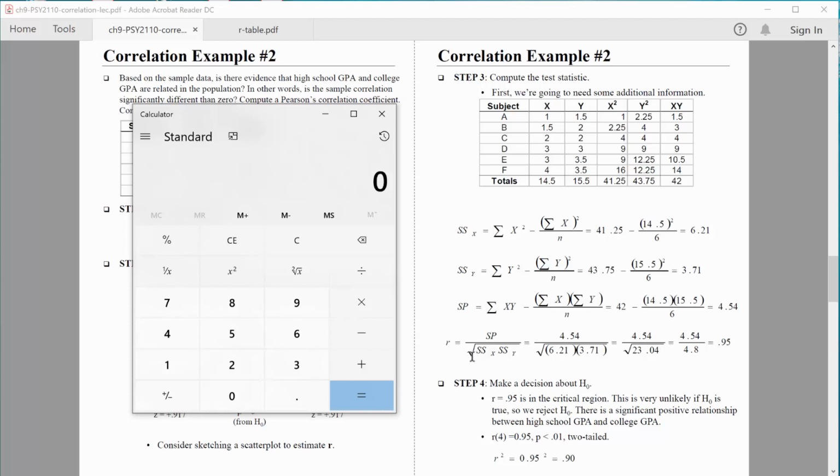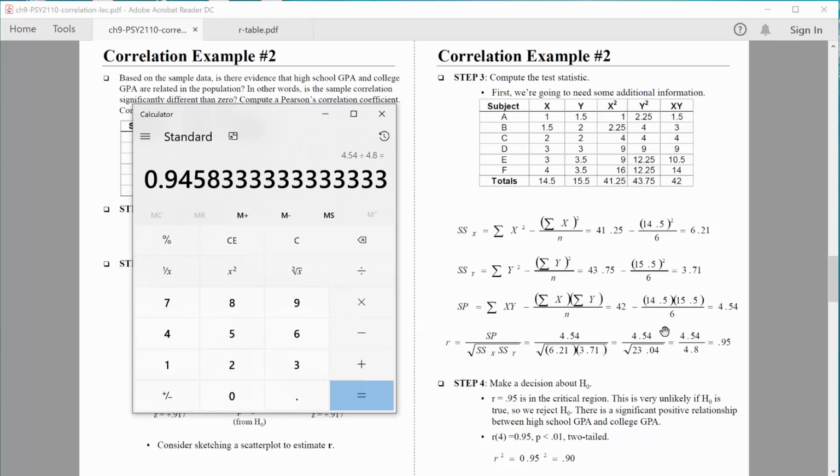So don't forget to take the square root after you multiply. Let's find the square root of 23.04. Remember, a little bit of rounding as we go is no big deal. It just allows us to take things step by step so that everybody can understand what's going on. That equals about 4.8. So then finally, let's take that 4.54 and divide by 4.8.